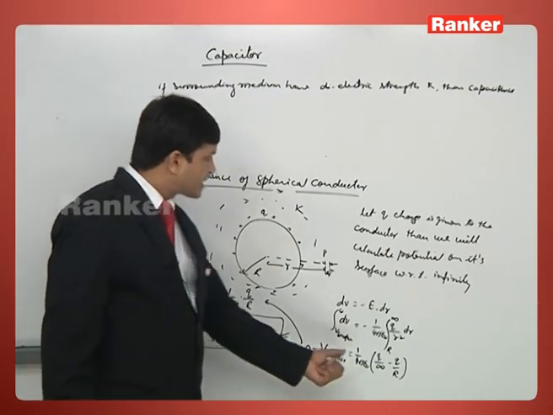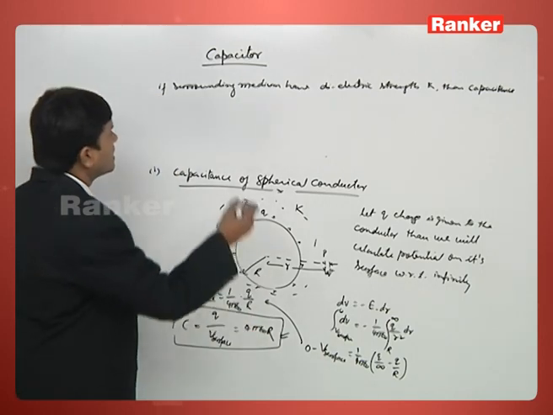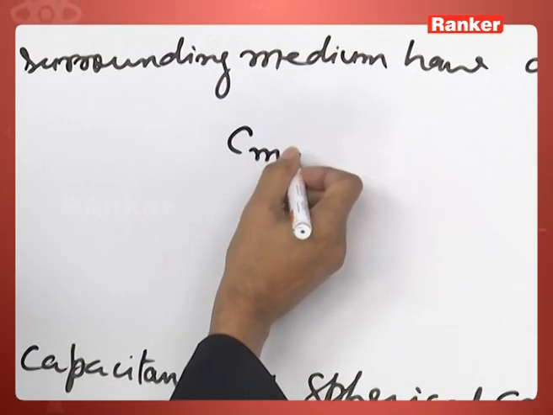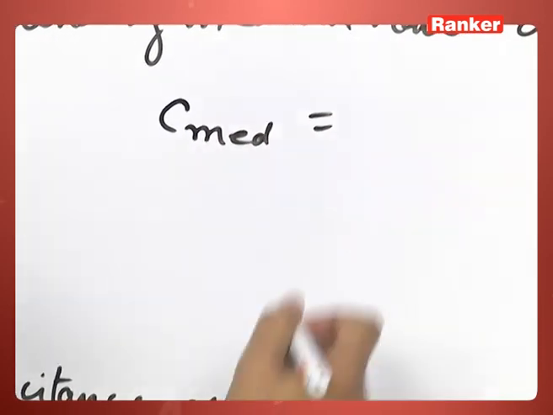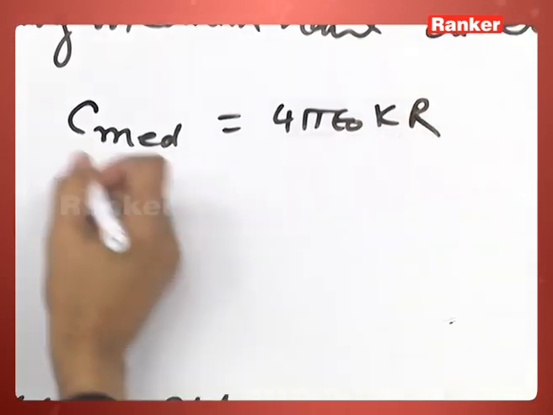So another factor, K, will come into the whole expression. So we can write C in the medium as 4 pi epsilon naught K R.